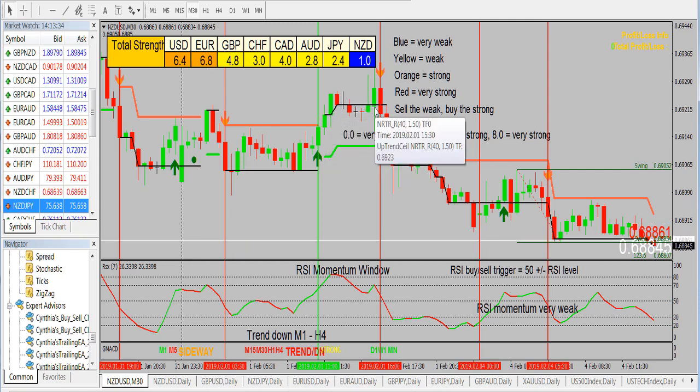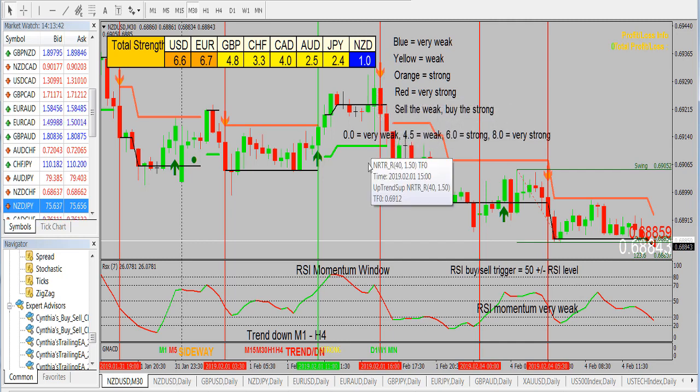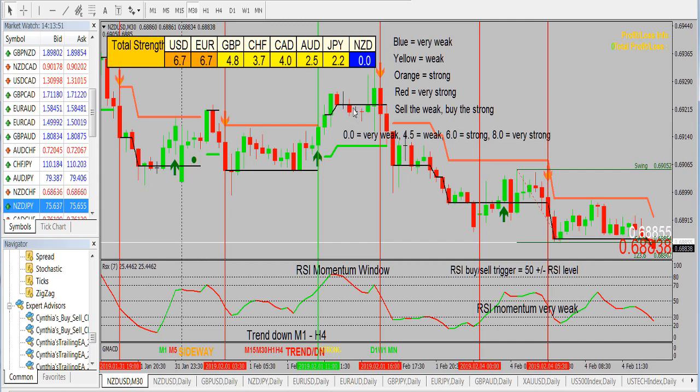This is a resistance line, and the price broke through the resistance, actually going up but going down also. But this is not really very tradable, but you're trading the fade when the price breaks through this black resistance line and you get a red arrow, plus you get an orange dot, which you can't see very well. It's hidden behind the arrow.